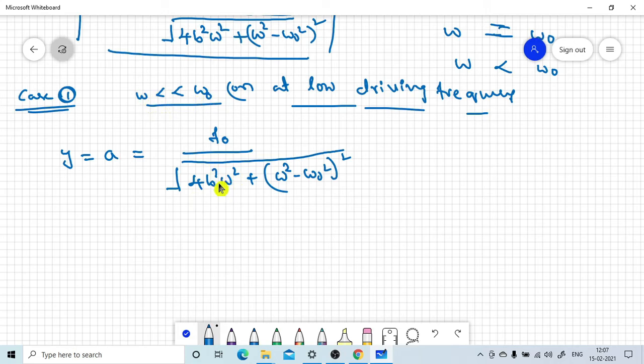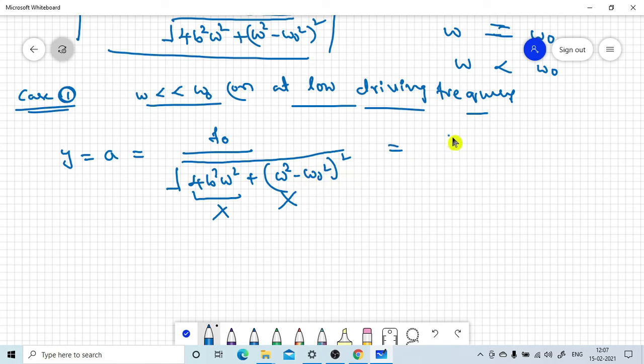Being a smaller value, this term can be neglected. So only omega naught square remains. Since it is squared, the negative sign will be neglected and the positive term will remain.